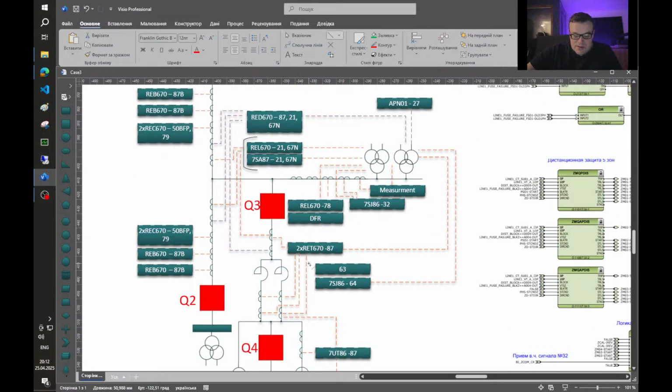The shunt reactor has two protections based on RET670.